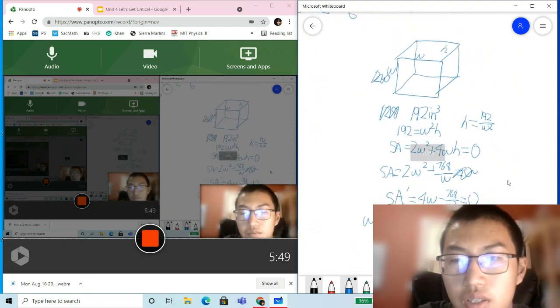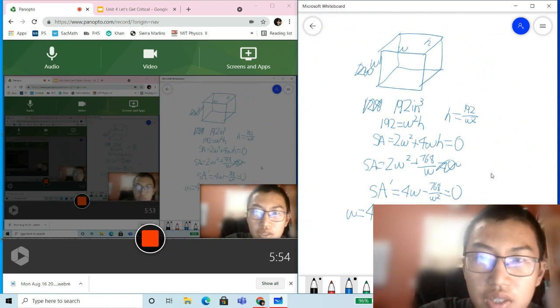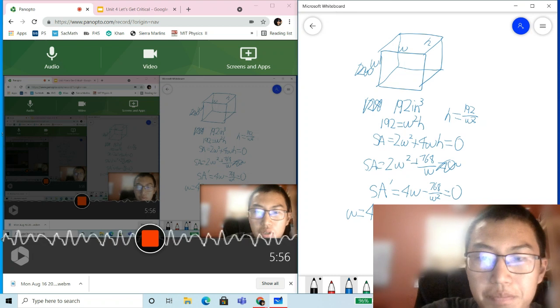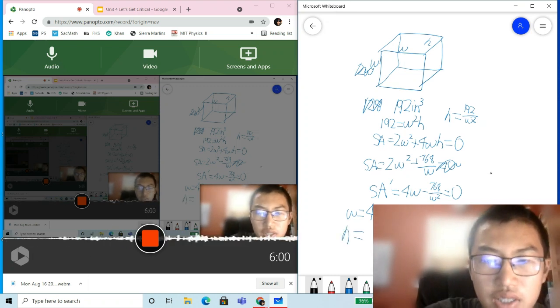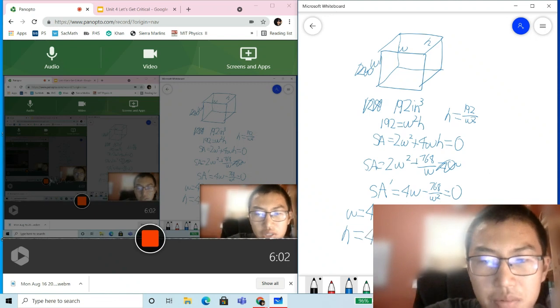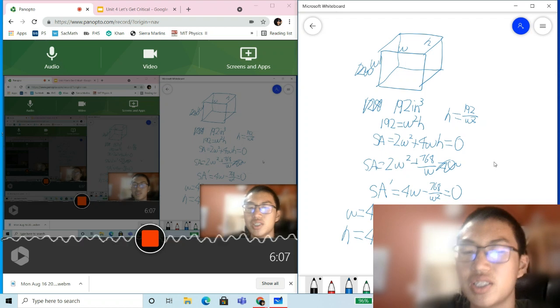If you keep going, you're going to see that H will also be 4 times the cube root of 3, which might seem like a coincidence.